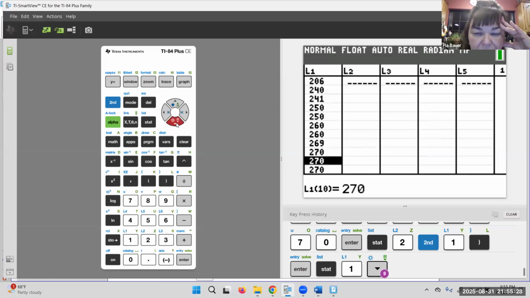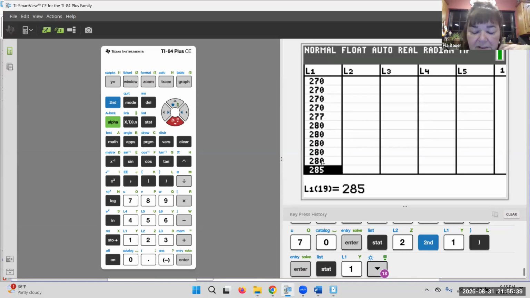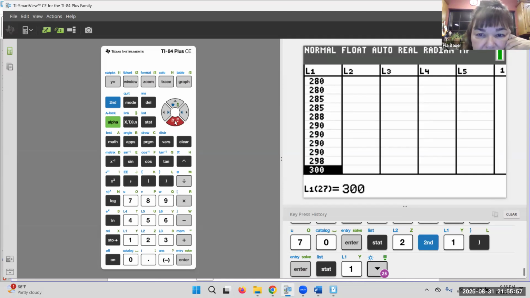So let's see, 270 is 4 times. 280 is 5 times. I'm looking for something that repeats more than 5 times. Now, 310 also repeats 5 times.